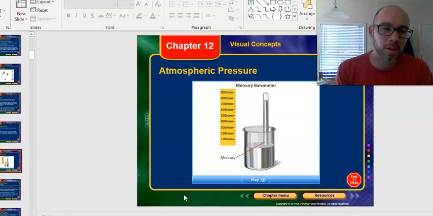In the weather report, they'll talk about the mercury going up or down, usually measured in millimeters or inches. 30 inches of mercury is more common, or 760 millimeters of mercury as our standard atmospheric pressure.